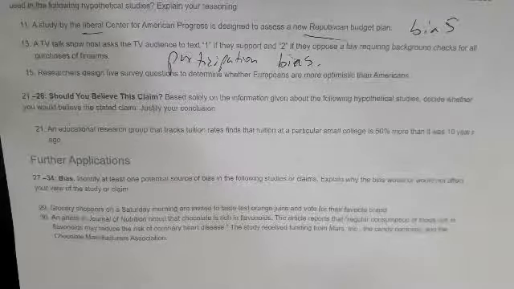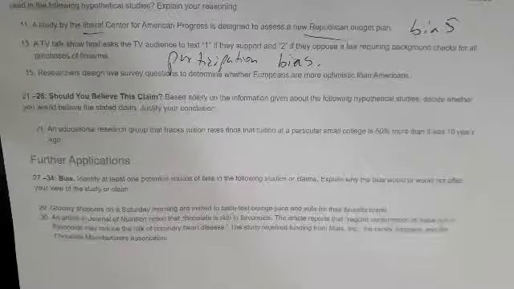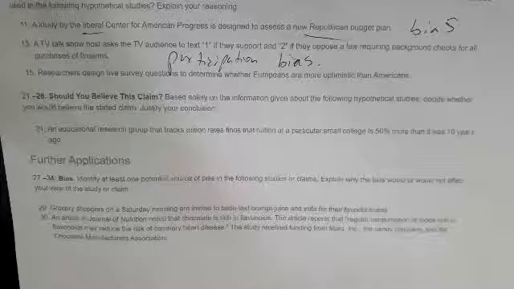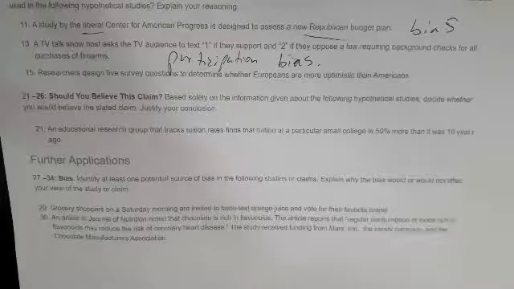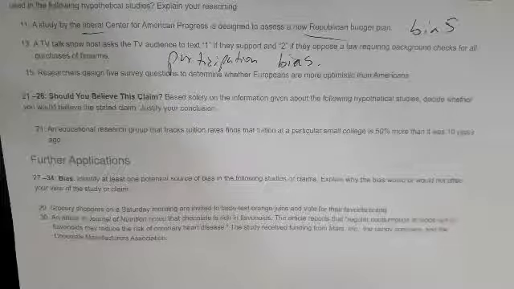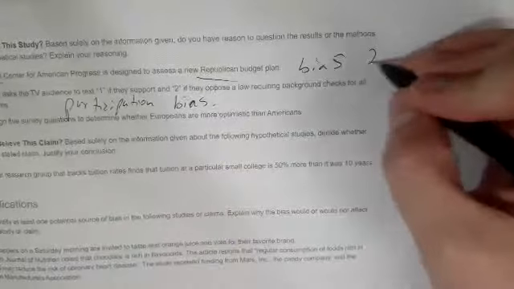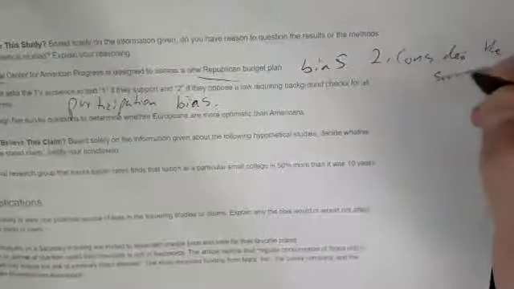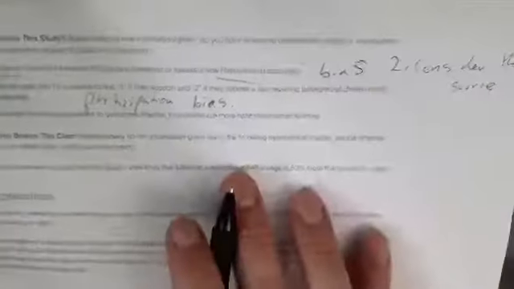They said bias, but I think this is... Where did they say? Where was the one that they say consider? Oh, consider the source, right? I think it's number 2. I think this one there. This one they're hinting at the bias in the sample. Number 3.